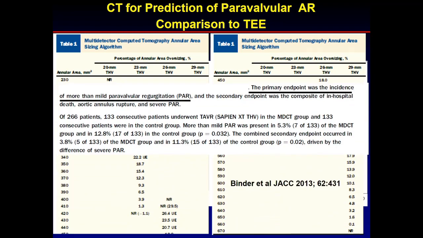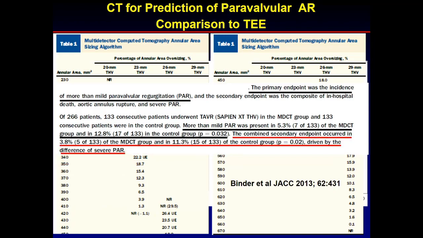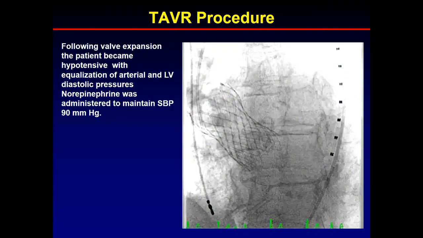In this study, looking at paravalvular regurgitation with a secondary endpoint of in-hospital death, aortic annular rupture, or severe PAR, CT did much better than echocardiography. So we're well aware of these particular situations.